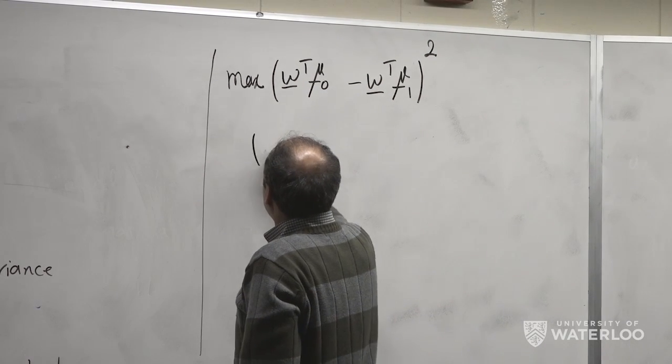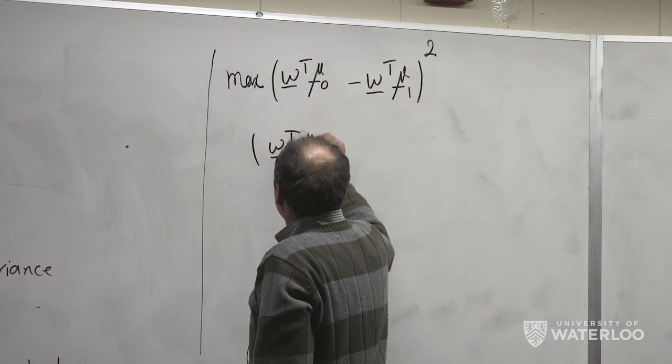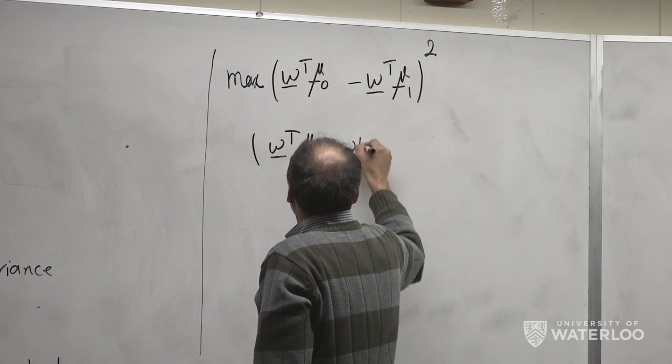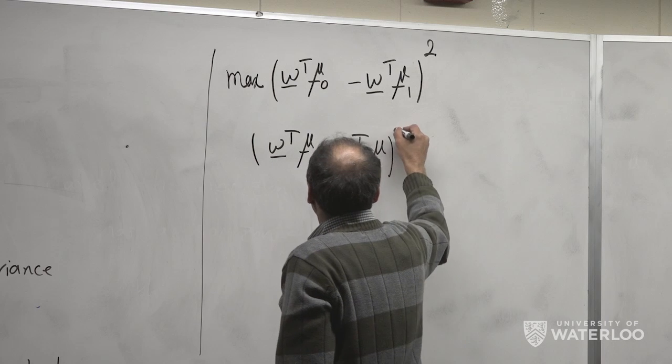Okay, so look at this quantity, W transpose mu0 minus W transpose mu1 squared.